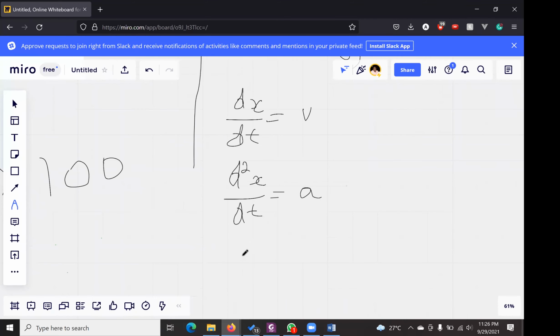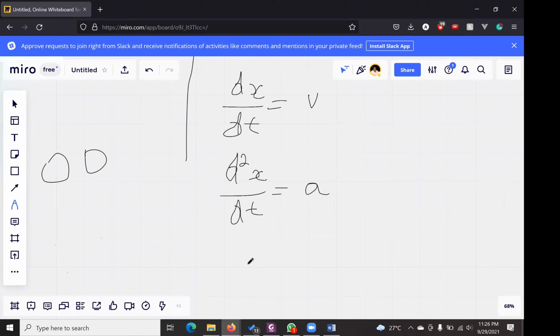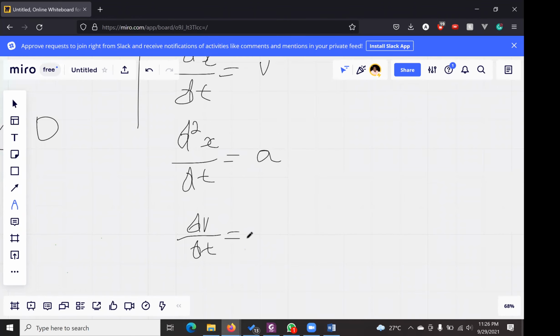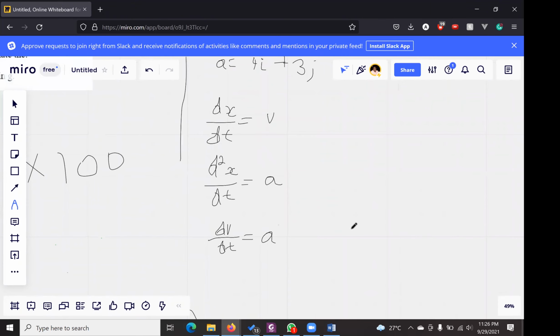Somebody tell me what this is equal to. Acceleration. All right, perfect.